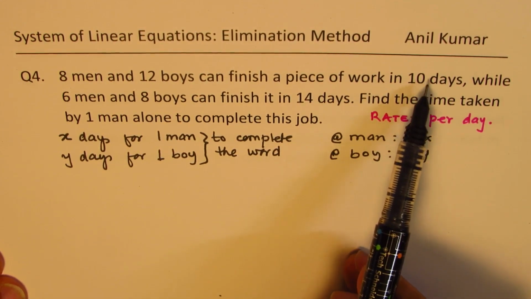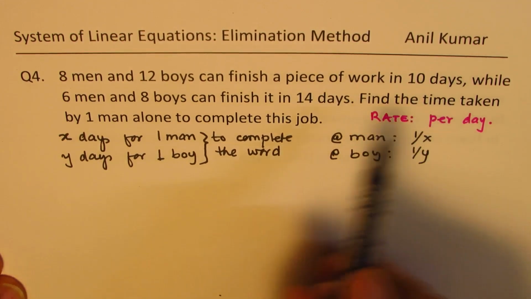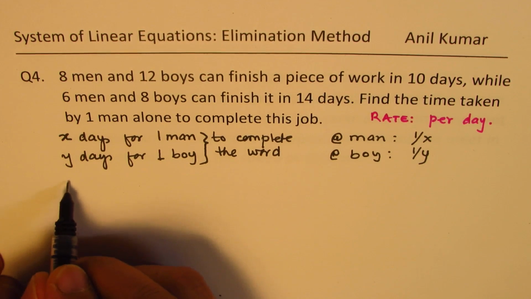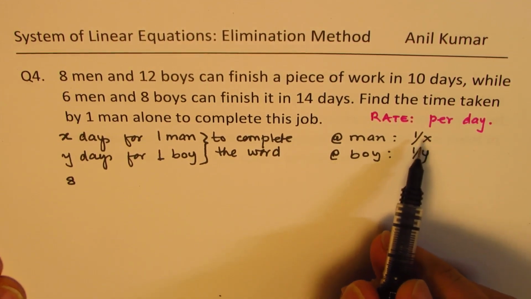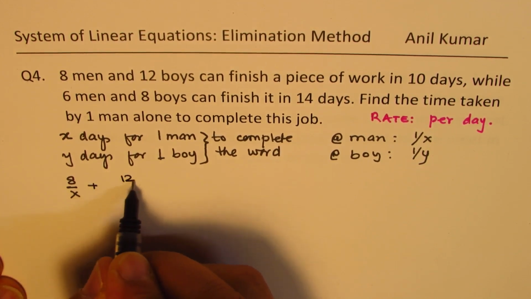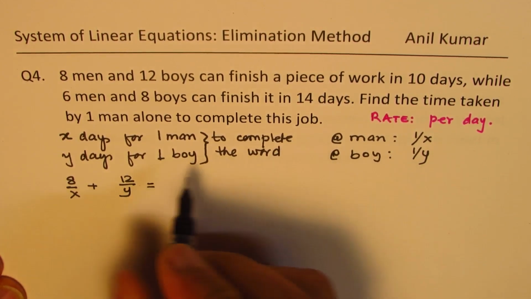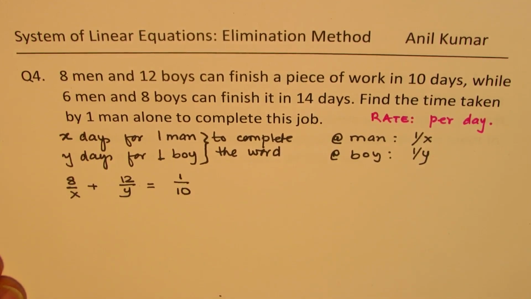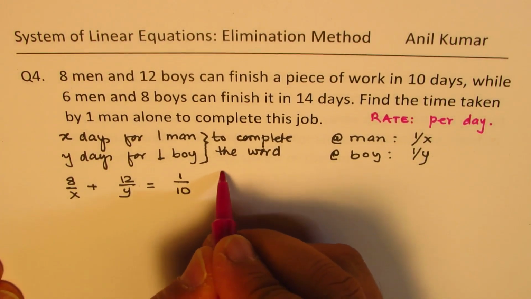So in 1 day how much? 1/10, right? So from the first statement, we get our equation as 8 men's 1 day work: 8 over x plus 12 over y is equal to 1 over 10. So we get our equation for 1 day work.